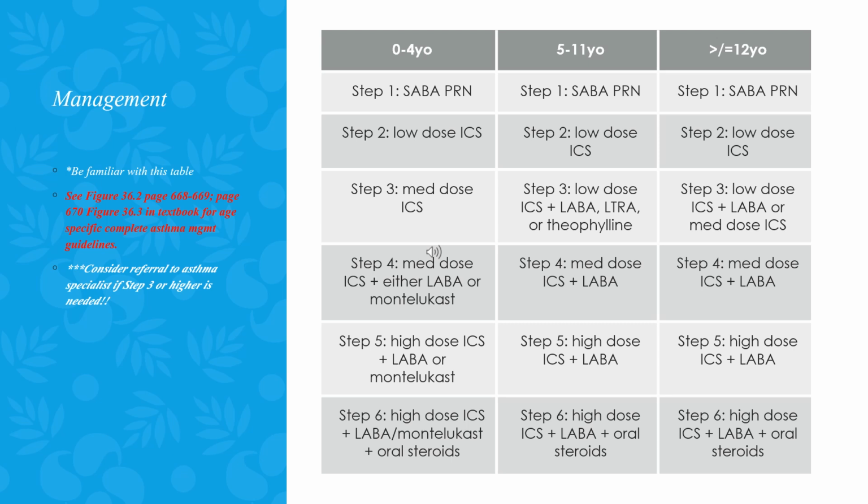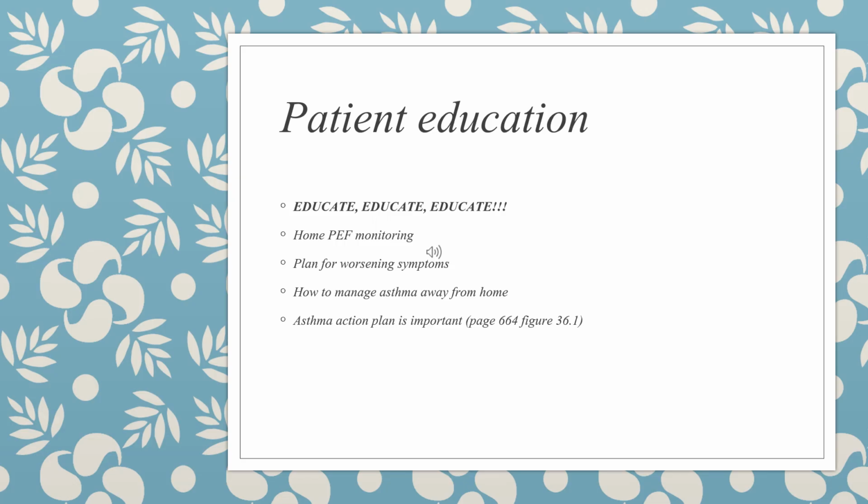So what is it, an allergen or some kind of irritant that causes it, and they need to be educated to avoid those. They need the flu vaccine yearly, and then you're going to treat other associated signs and symptoms appropriately. With an acute asthma exacerbation, you're going to treat that based on the severity of their symptoms. You're going to use a stepwise approach based on the classification, which I said earlier. And remember, refer to an asthma specialist or pulmonologist if you get to stage 3 or higher in treatment.